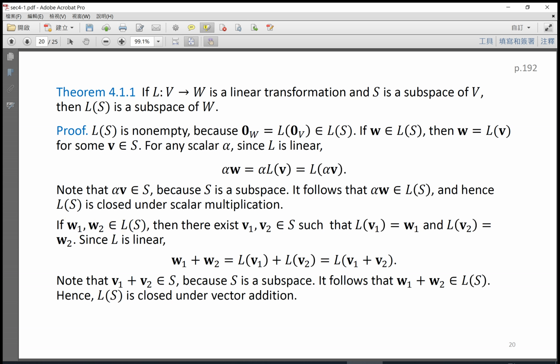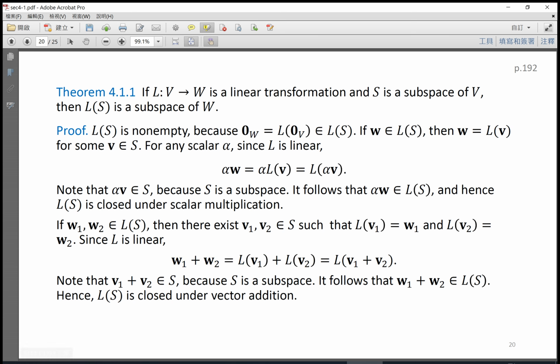Now consider W1 plus W2, which is equal to L of V1 plus L of V2. Because L is linear, due to the additivity property, L of V1 plus L of V2 equals L of V1 plus V2.